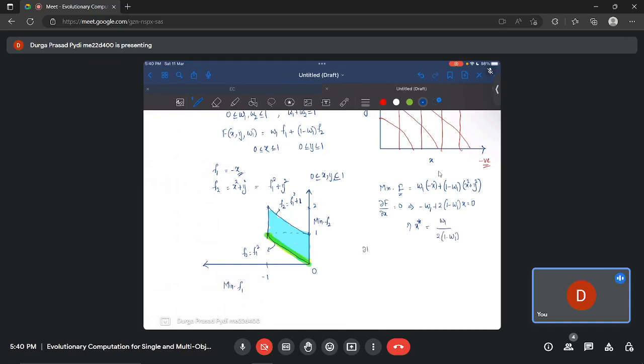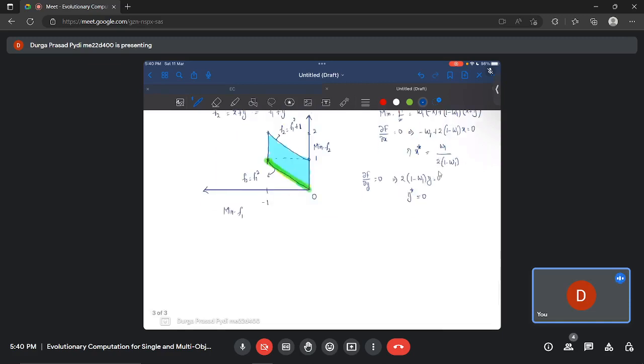Similarly, when we do del F by del y equal to 0, the stationary point in y is essentially 0. So my stationary point x star comma y star is a function of the weights I have chosen.